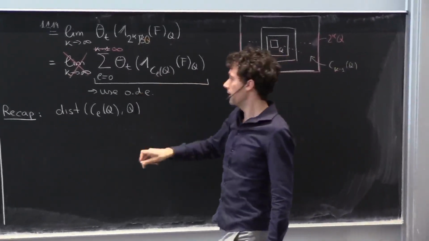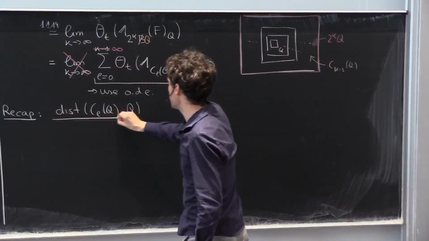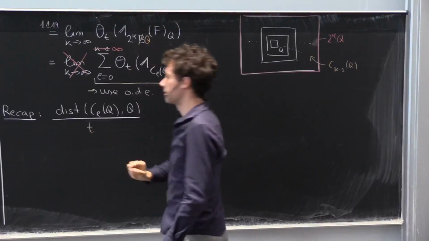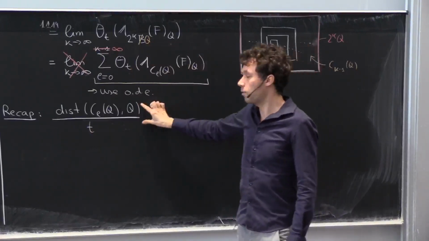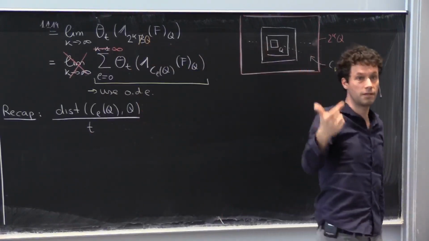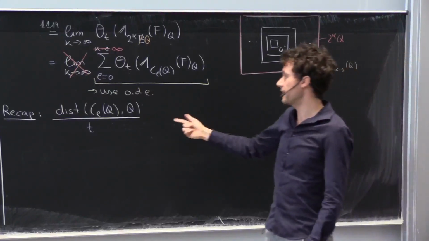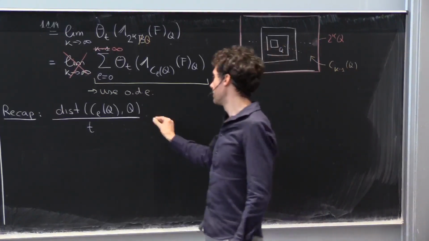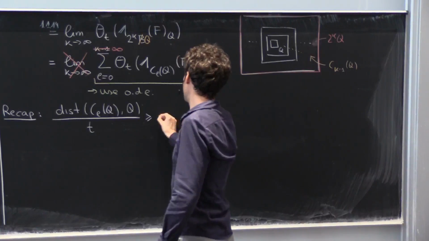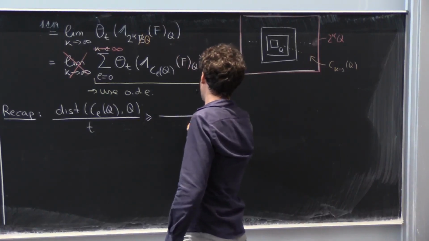And then because it's theta t that I'm applying, I will be dividing this expression by a t. And this is going to be popping up in the exponential function with a negative sign. Right, so if I want to estimate, I need a lower bound for this.